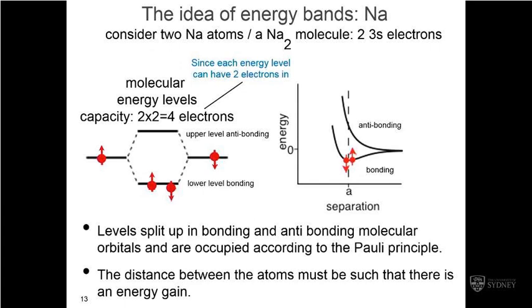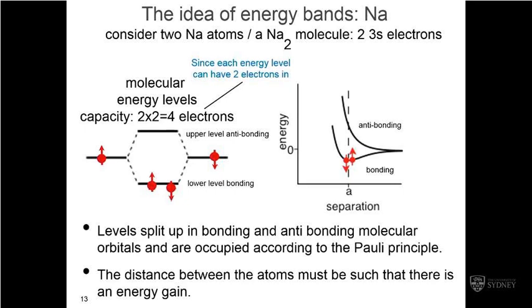Both of these electrons will want to occupy the lower energy state, one spin up and one spin down. So that's a molecule. What about a solid, when you've got hundreds of these sodium atoms all coming together?